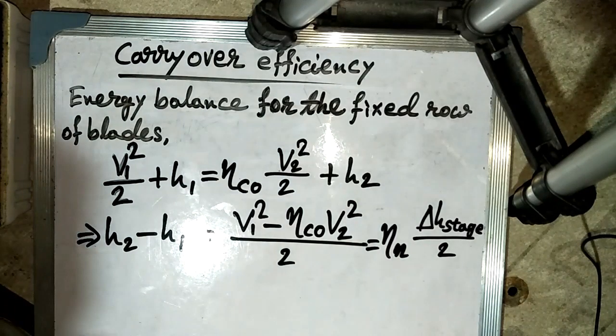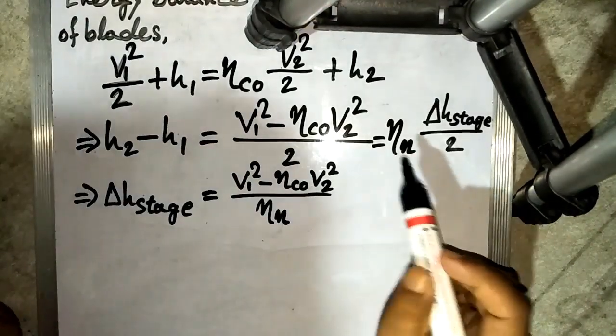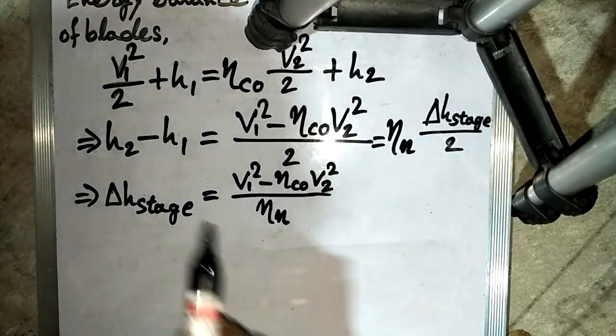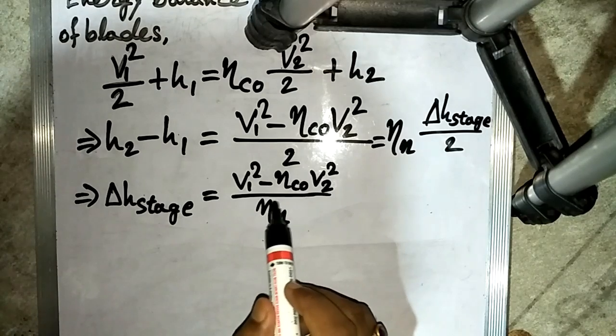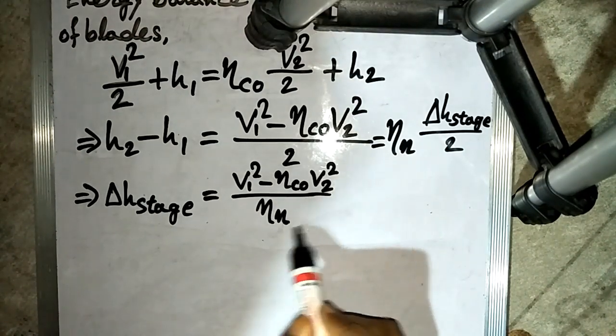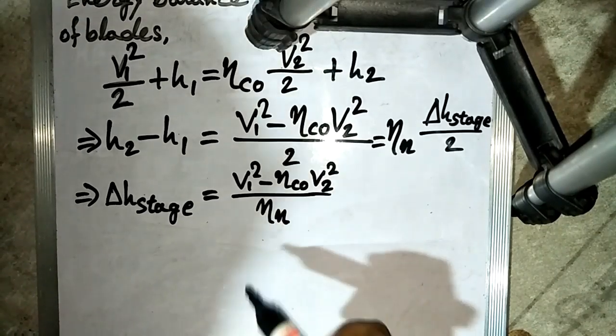From the above expression, we get the stage enthalpy drop equal to V1 square minus carryover efficiency into V2 square by eta n. So this is the expression for stage enthalpy drop.